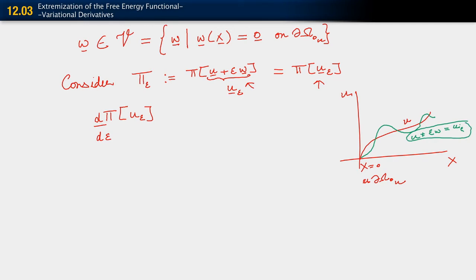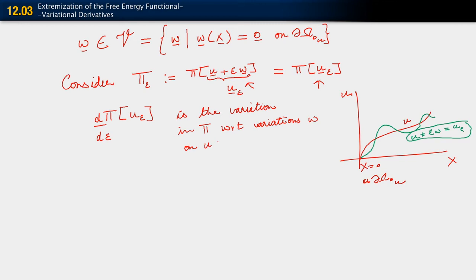Therefore, effectively, when we compute this derivative that I've just written here, this quantity is the variation in pi with respect to variations w on u.